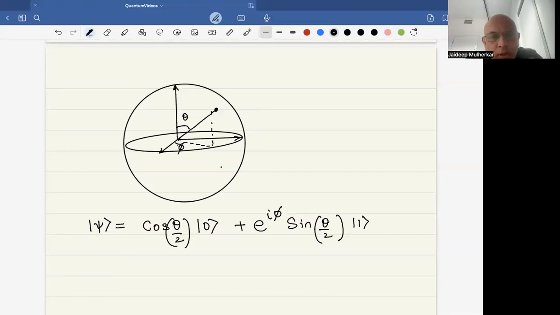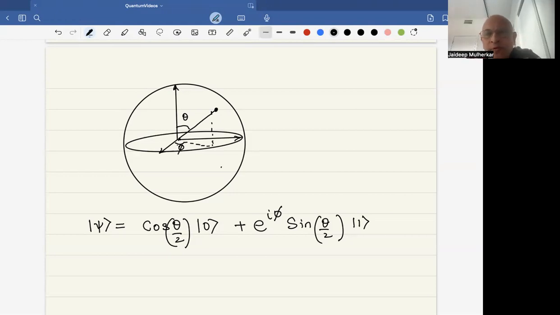Now, what about quantum gates? Is there a way to represent them geometrically on the Bloch sphere? Indeed, there is. What happens in the case of quantum gates is that they are actually rotations about some axis of the Bloch sphere by a specific angle.